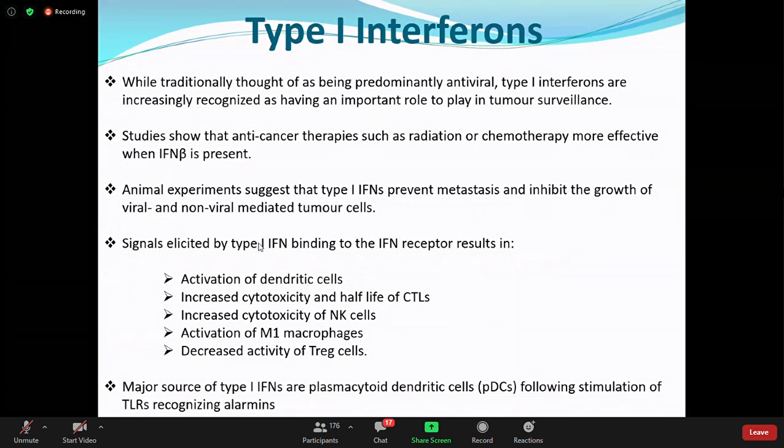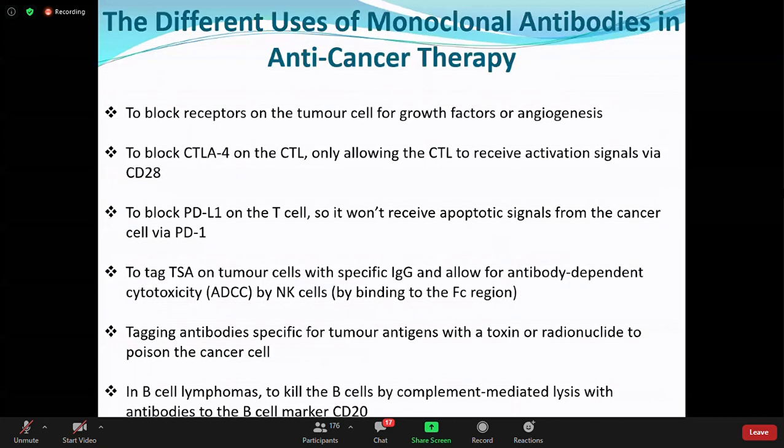And the role of this type 1 interferon is quite multifunctional in terms of activating dendritic cells to present tumor antigens to the CTLs, to increase CTL and NK cell killing, decrease the activity of regulatory T cells, activate M1 macrophages, and so on.